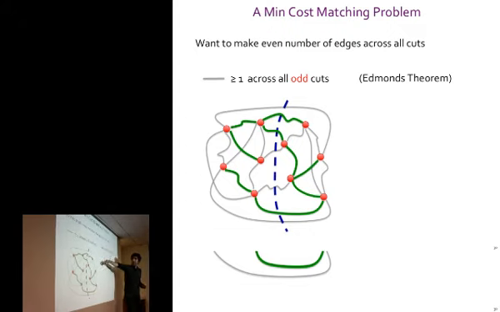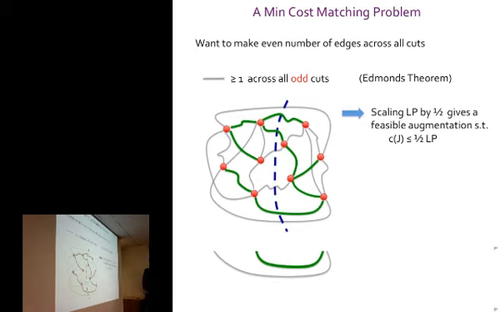What this says is that you can find an Eulerian augmentation if you have a solution such that you have fractionally 1 edge across each cut that has an odd number of edges in the tree. Because you need to add 1 edge to each odd cut. So if you have at least 1 edge in each odd cut, it's sufficient.